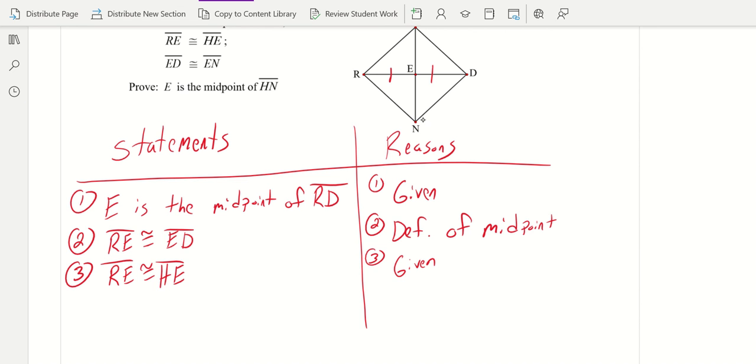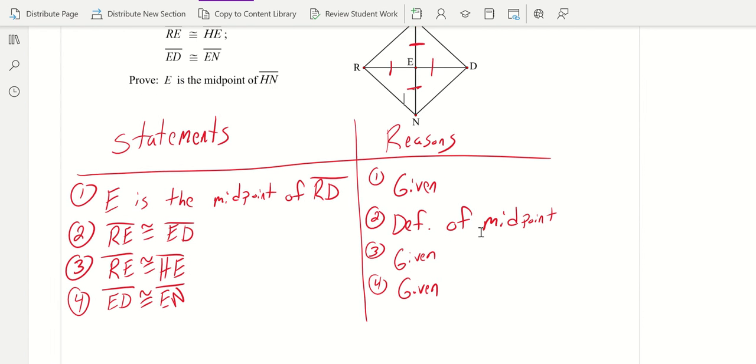So if RE is congruent to HE, there we go. Statement number 4, ED is congruent to EN. That's given. Let's use our tick mark there, right? DE is one tick mark, EN has to be one tick mark as well.